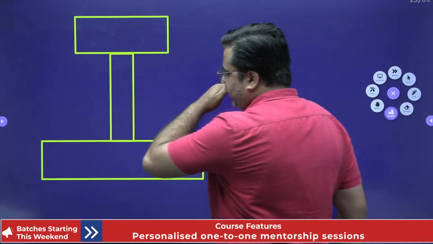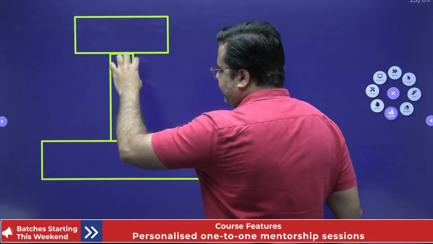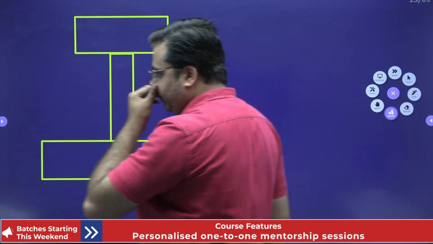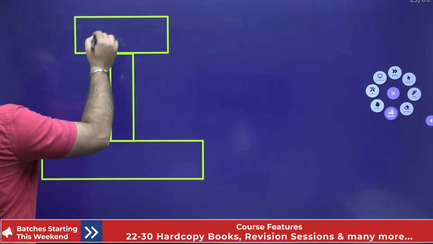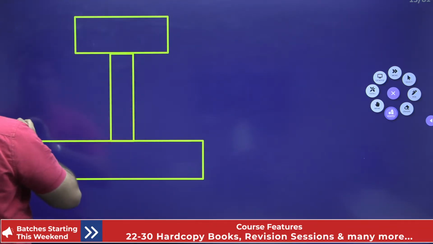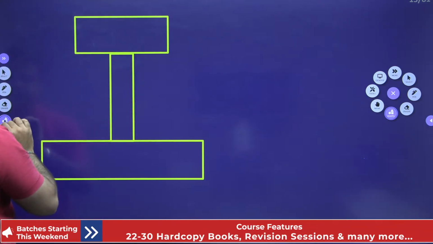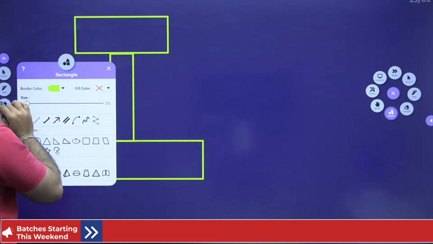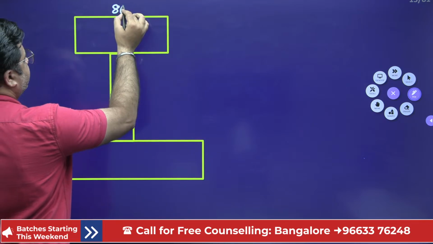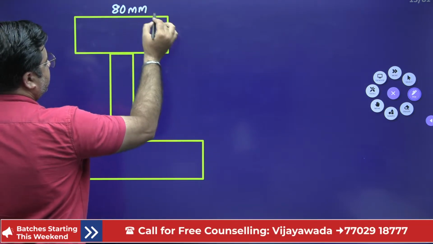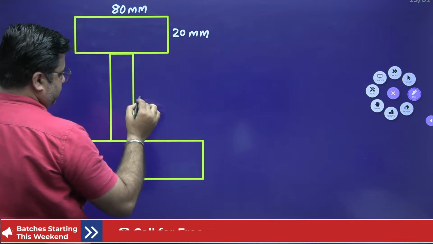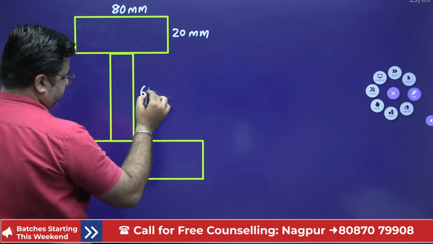So we need to locate the position of the CG for this cross section. For that we will need some dimensions. So this is say 80 mm. This is 20 mm. This is 60 mm.